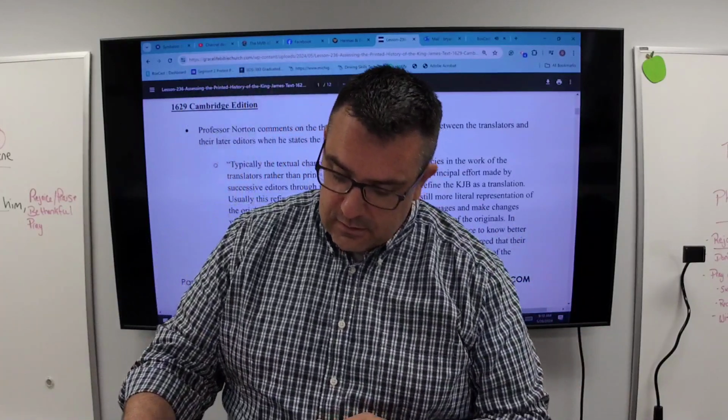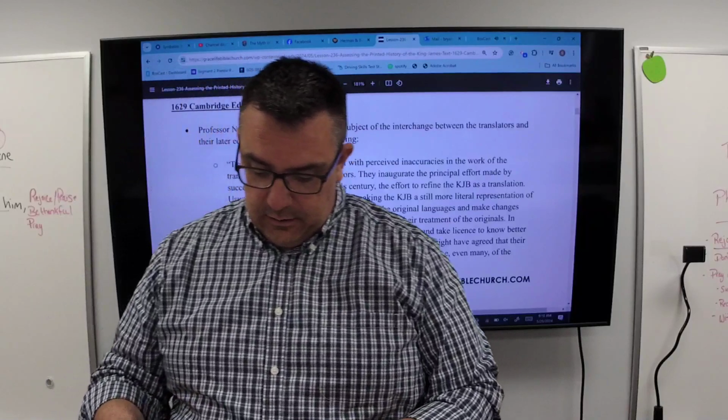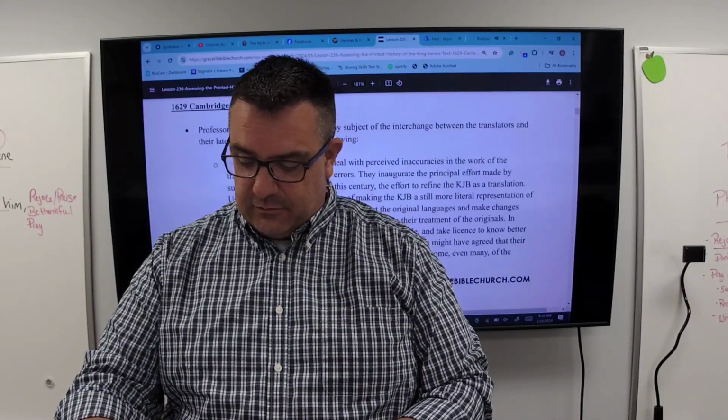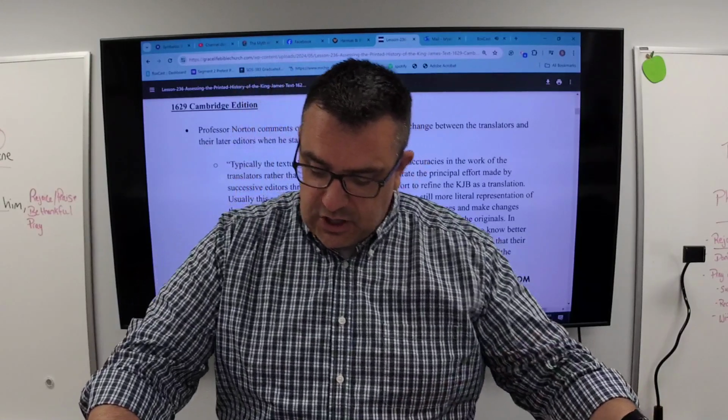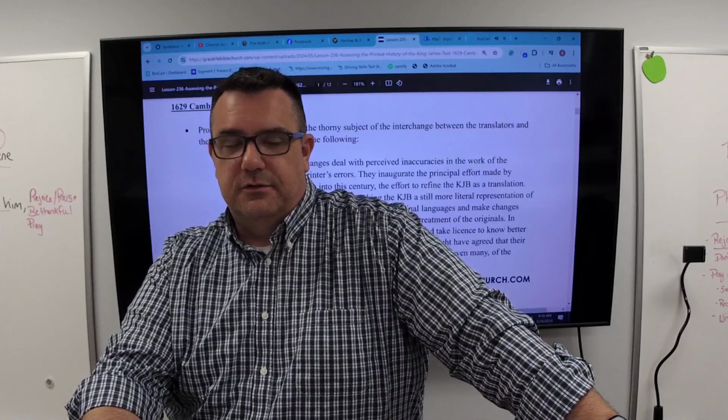Okay, let's move on. Let's see here. "The editors test the text against the original languages and make changes when they judge that the translators were loose in their treatment of the originals."